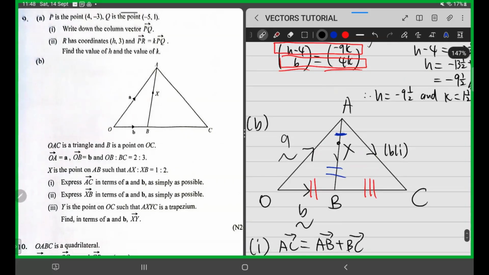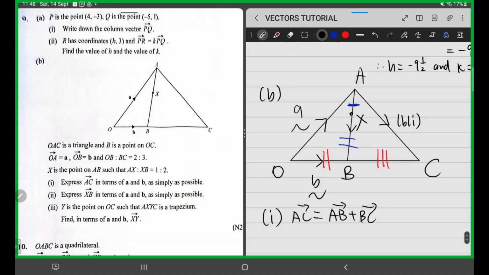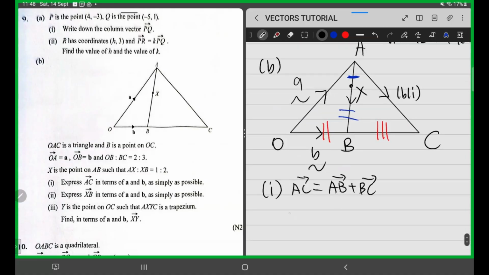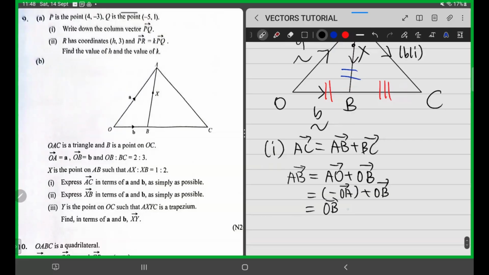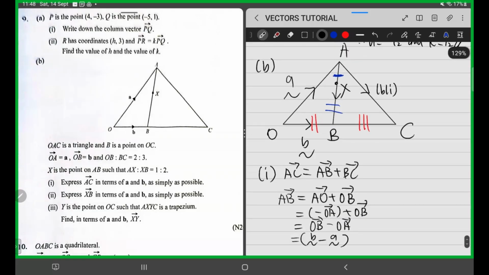If you want to walk from A to B, you can walk from A to O and then O to B. But the question never gives you AO, they give you OA. So you can flip this. So it's negative OA plus OB, which essentially is your subtraction of vectors. So AB is just b minus a.